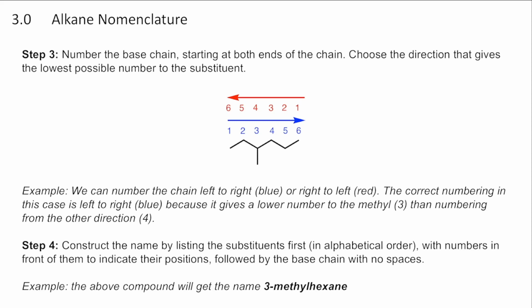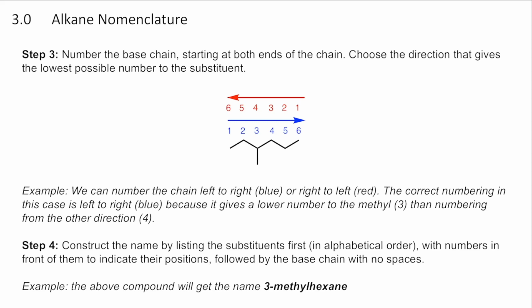The next thing that we have to do is figure out how we're going to number these carbon chains. So you can start from either one end or the other end of the base chain. In fact, what you should do is start at both ends and number it in both possible ways.